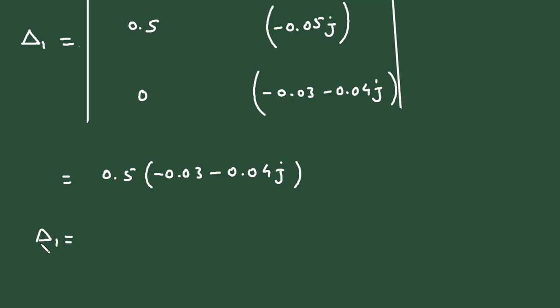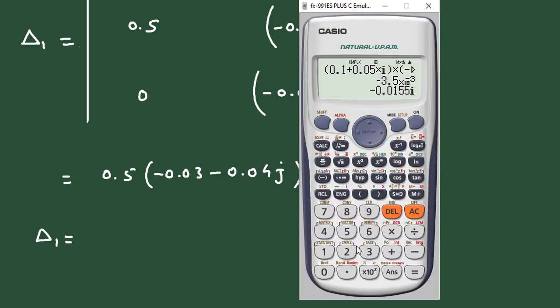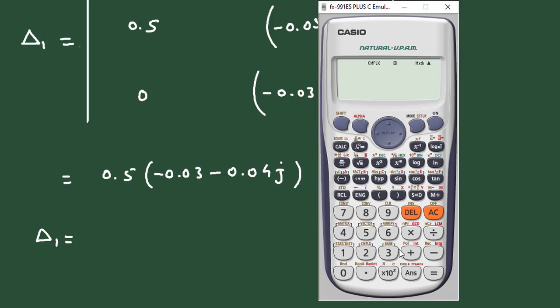So delta 1 is equal to 0.5 multiplied with minus 0.03 minus 0.04 into j.